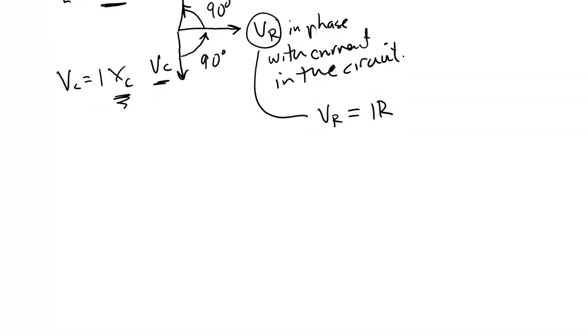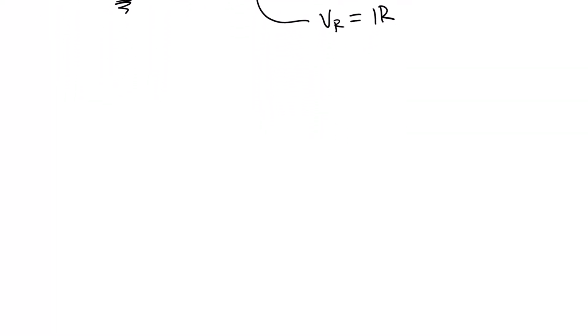So let's look then at the addition of these. Let's imagine we've got a voltage across the inductor of this much. Let's just go for 100 volt. And we've got the voltage across the capacitor of, say, 50 volt.